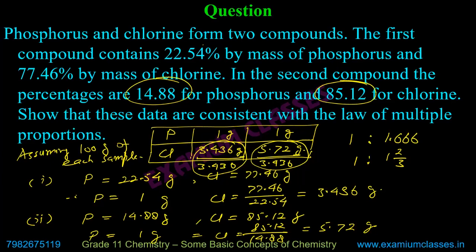This is 1 plus 2 by 3, which is written as 1 and 2 by 3 in mixed fraction. These are the same thing. From here you can simplify it very easily because now it is 1 is to 5 by 3. Now it can be simplified very easily. Multiply both by 3.